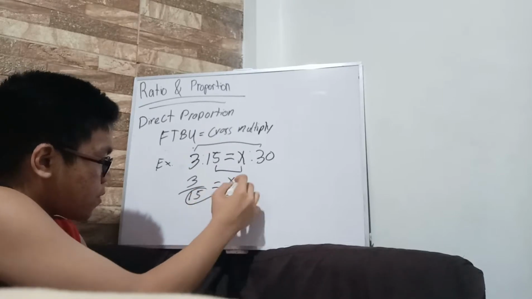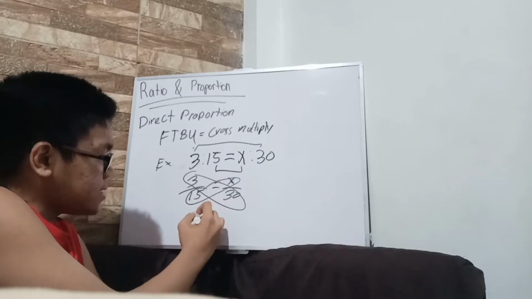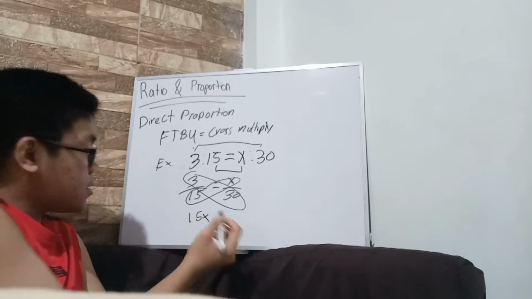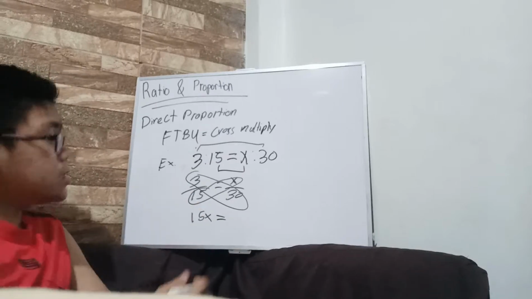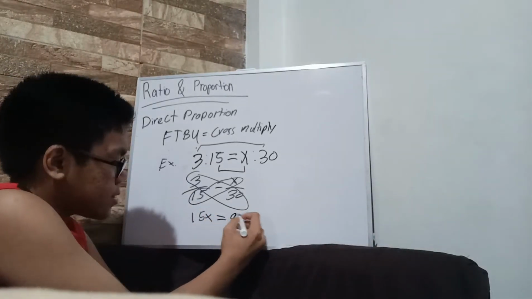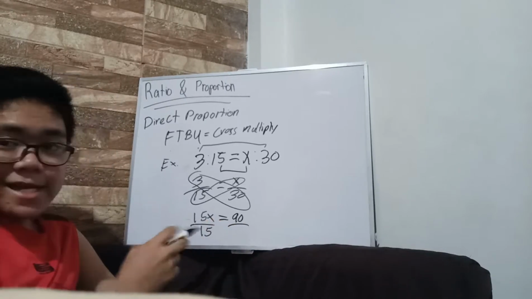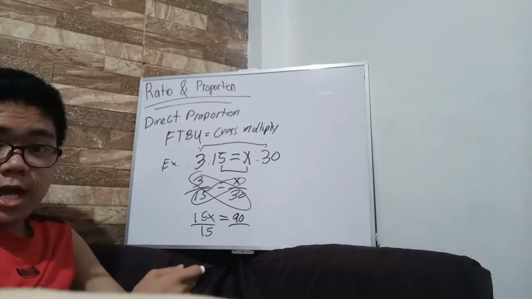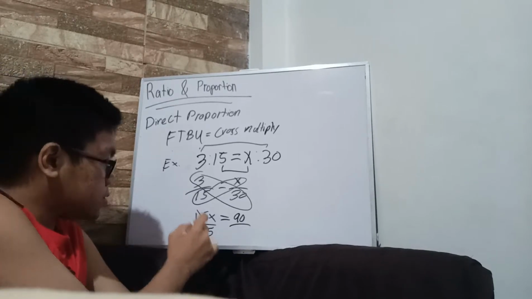There. 15 times x is 15x, is equal to 3 times 30, which is 90, divided by 15. Ay, sabi ko kanina, kailangan x lang siya, kasi ang 1x is equivalent to x.